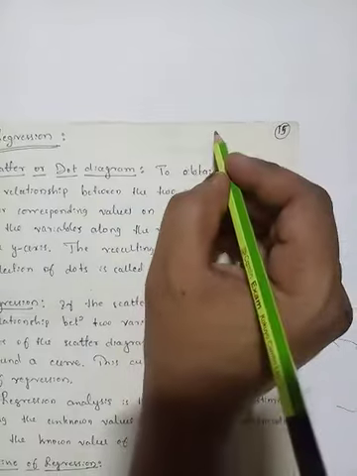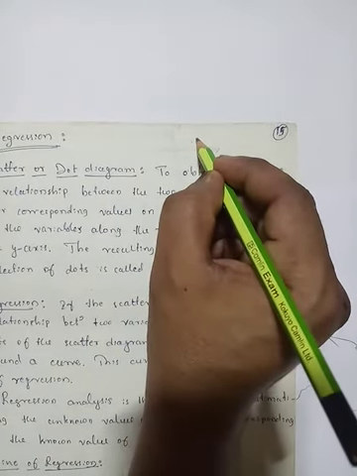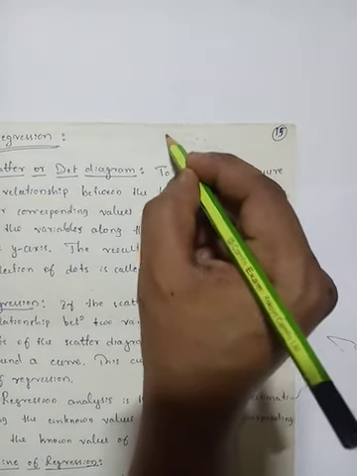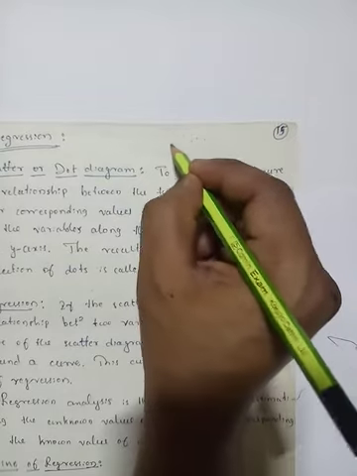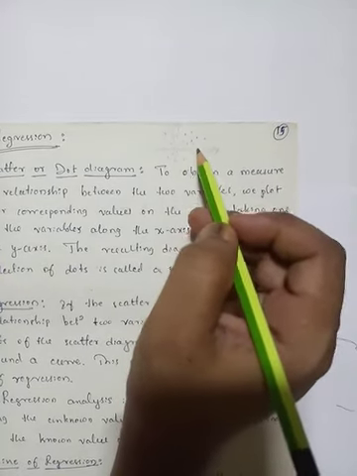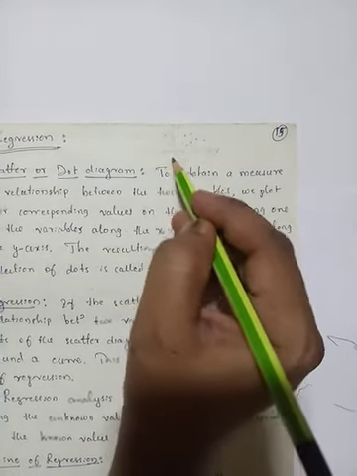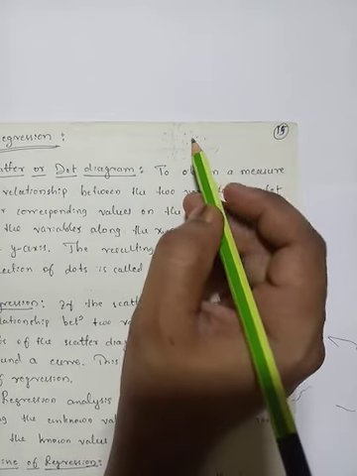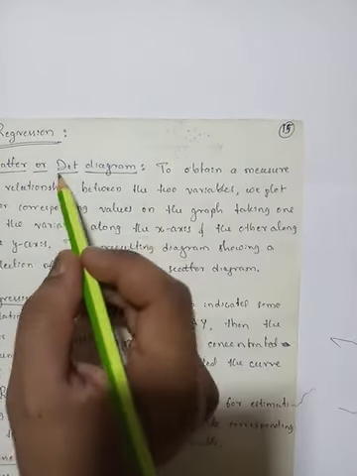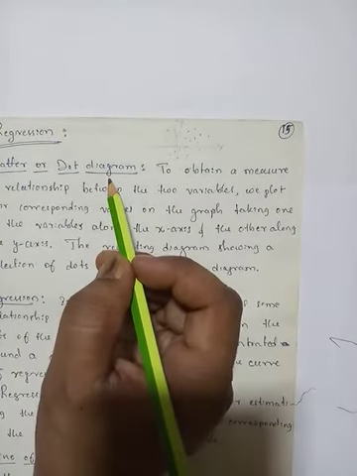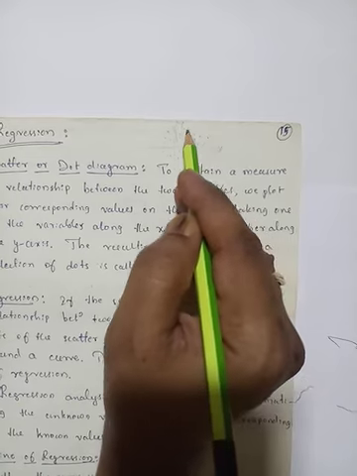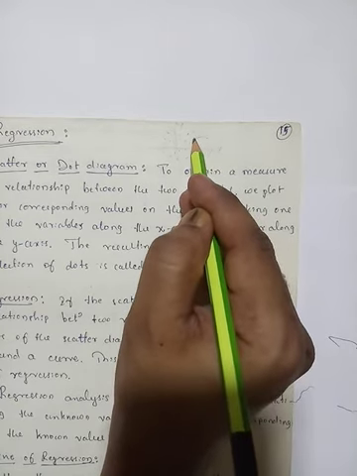Then taking another x and y value, likewise taking the values of x and y in the xy plane, we get many points in the plane. This collection of points, or dots, is called the scatter diagram or dot diagram.